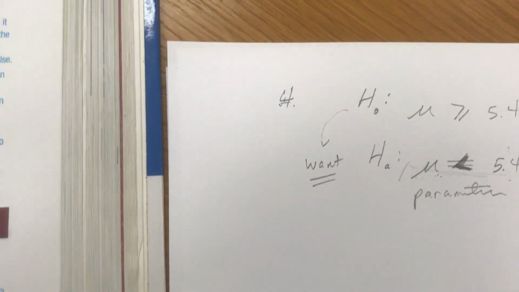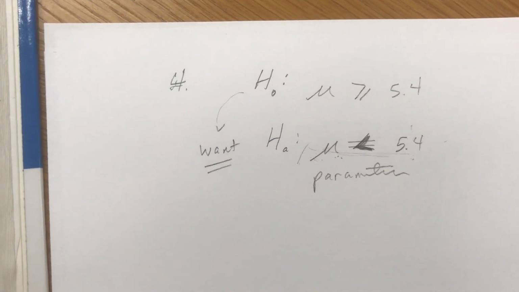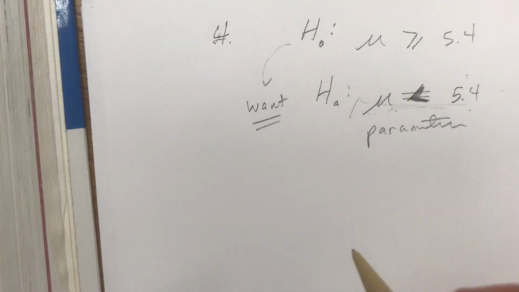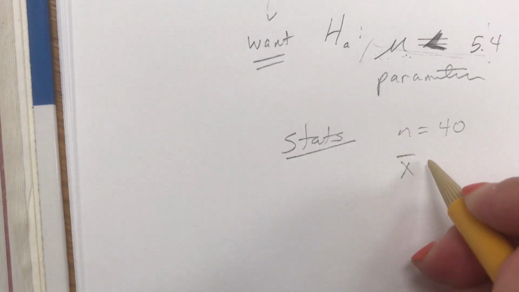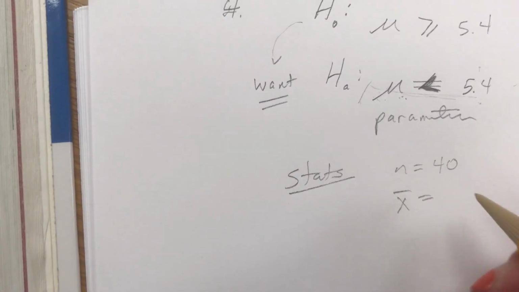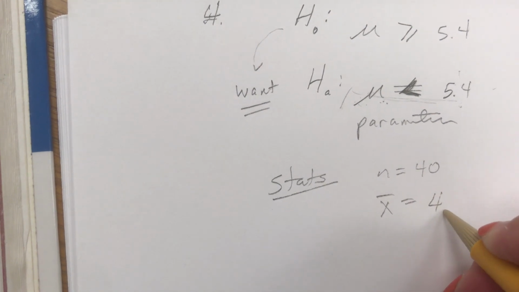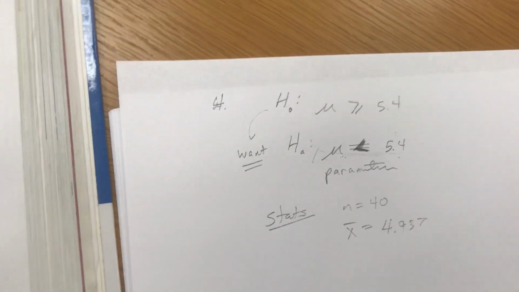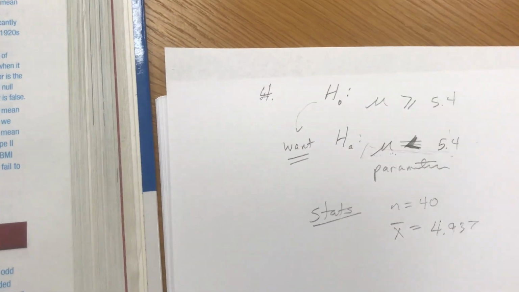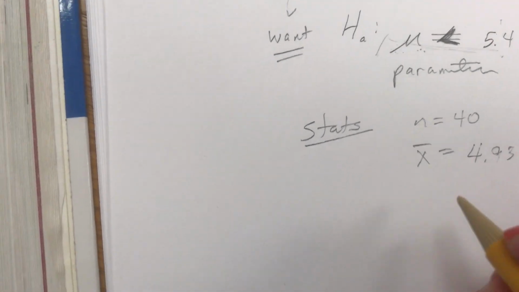All right. So once I have my null and alternative hypothesis, I'm going to just quickly write down my sample statistics. So the stats, the values coming from my sample, were that they took a sample of 40 subjects. They measured and found that the average for those 40 subjects was 4.932, in million cells per microliter, with a standard deviation, so they vary on average.